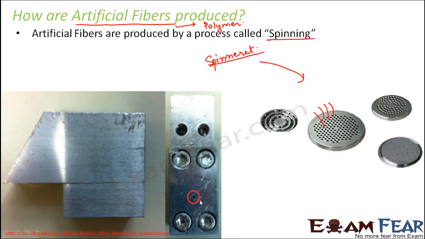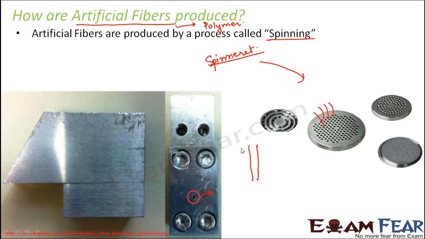If you look at this structure, it shows a spinneret where you can see the red colored portion. This is the polymer outlet of this spinneret. Depending on the type of the spinneret used, solid or hollow fibers are formed. Some of the fibers might be hollow inside, some might be solid, because fibers are nothing but thin thread-like structures.